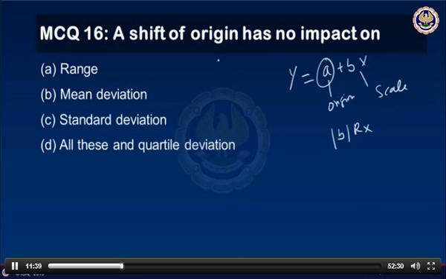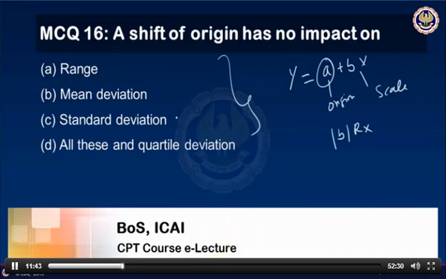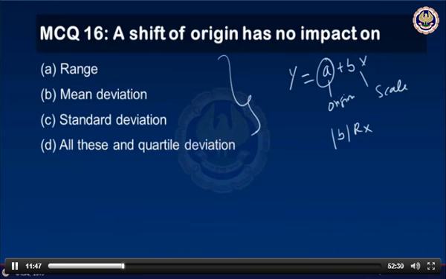Coming to the point, all these options, range, mean deviation, standard deviation and quartile deviation, are not affected by origin. So a shift of origin has no impact on range, mean deviation, quartile deviation and standard deviation. Here quartile deviation is not given, but it is also included in this option. So option D is the correct answer.